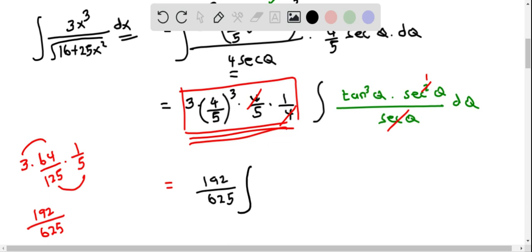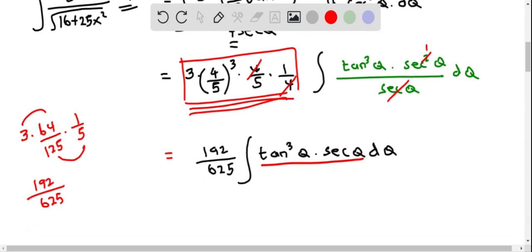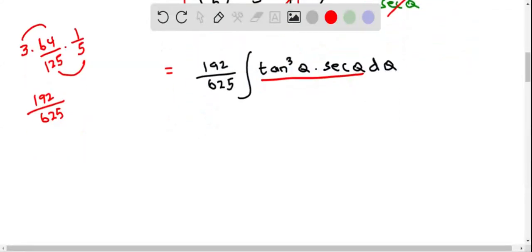Integral of, we simplify this, that is tangent cubed q times secant q dq. So basically we have to integrate this expression inside the integral, that is tangent cubed q times secant q. I'm going to rewrite this expression so that we can find it easy to integrate.